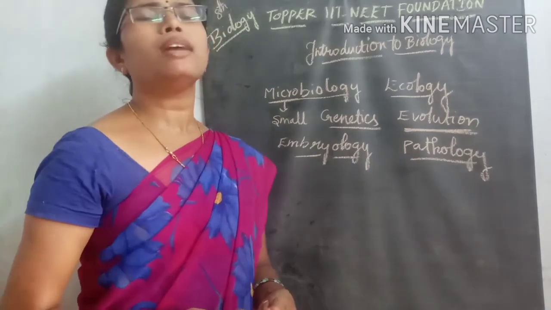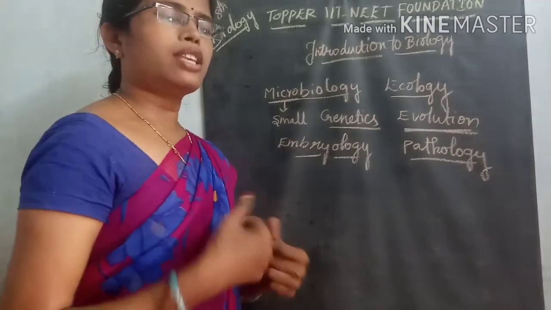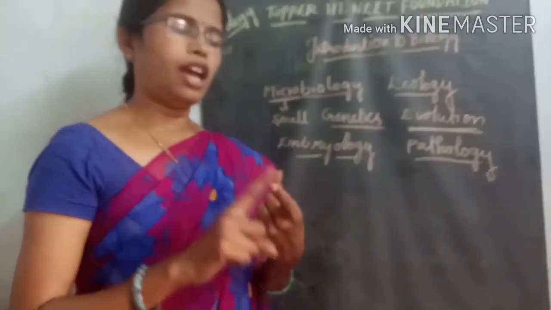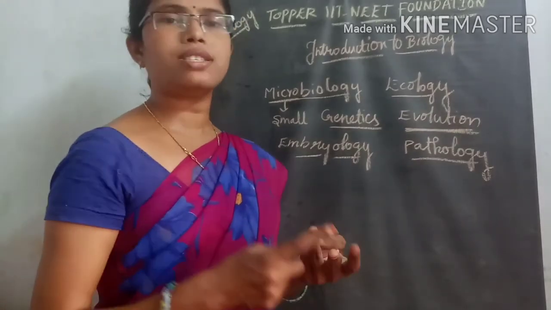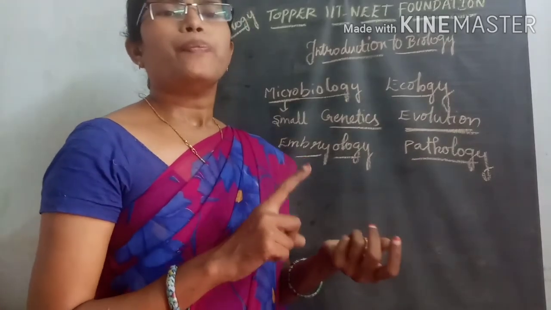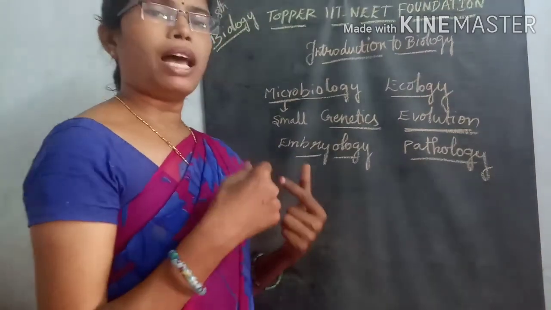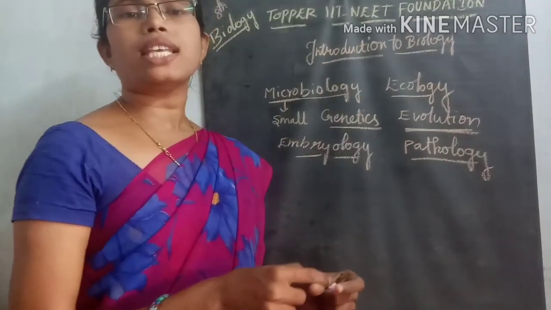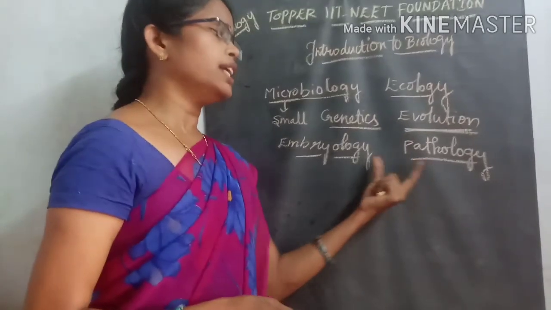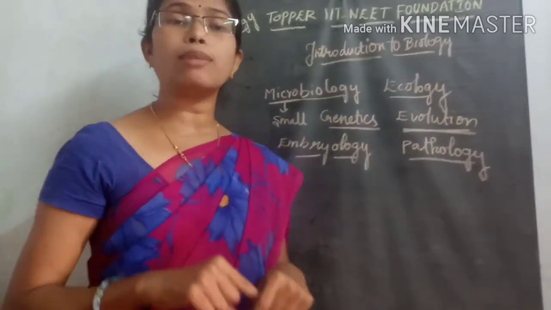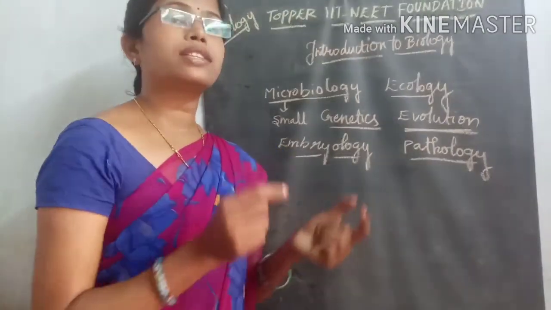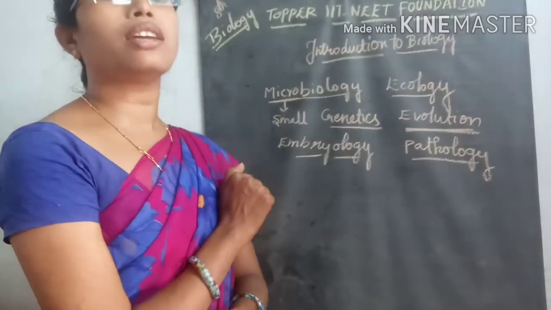In human beings, typhoid fever is there, dengue is there, malaria is there, elephantiasis is there, and ascariasis is there. Different varieties of diseases arise in our body due to several organisms.